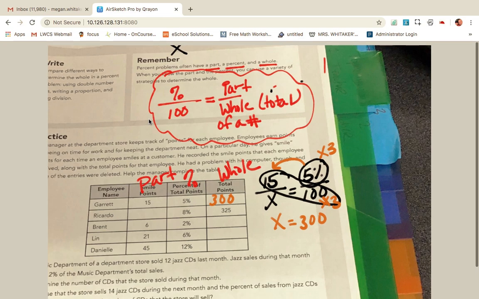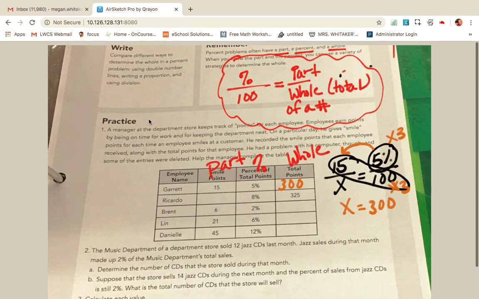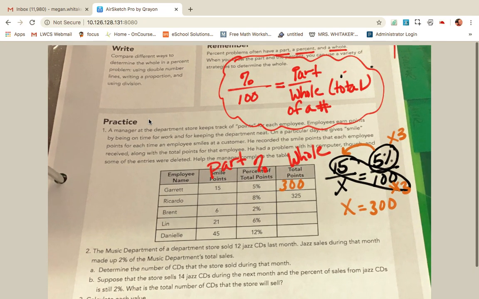Let's do number 2, because now they are giving you a total. If they're giving you the total, you don't know the part, so you're going to say x over 325 equals 8%, which is 8 over 100. Now 100 cannot go into 325, so I could multiply my diagonals and then divide by 100, or I can simplify.